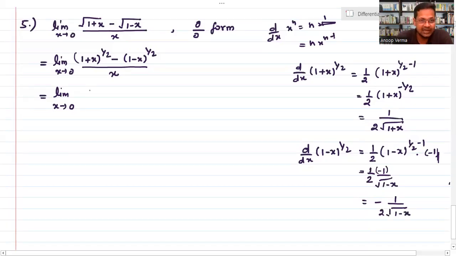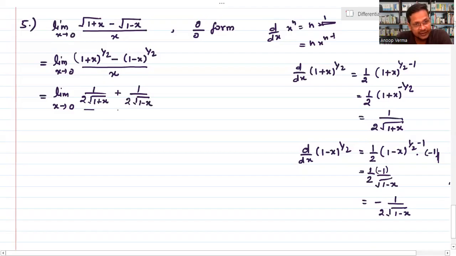So taking the derivative, you will get 1 upon 2 root of 1 plus x, and the minus minus becomes plus, this is 1 upon 2 root of 1 minus x.